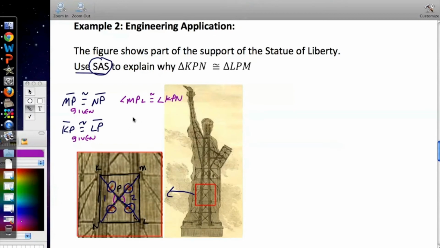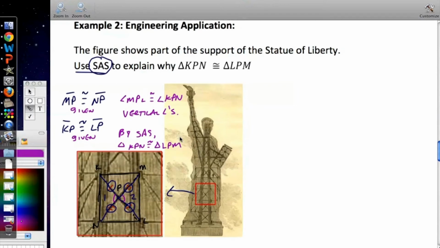Except I need to know why. Because they're vertical angles. Okay? So because they're vertical angles, I can use the side angle side postulate. So by SAS, triangle KPN is congruent to triangle LPM. Okay? So that's how this works.